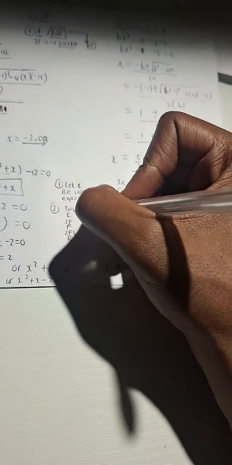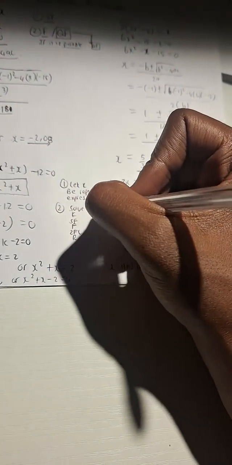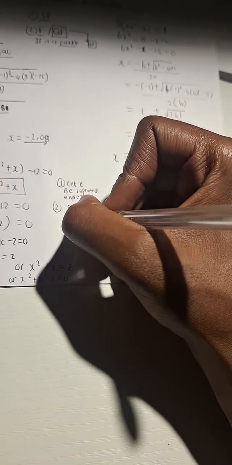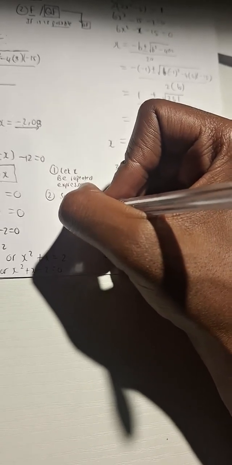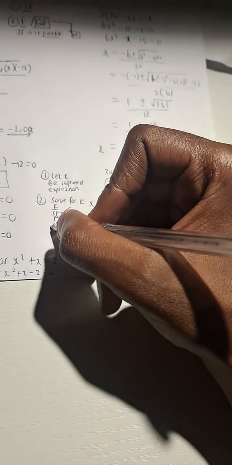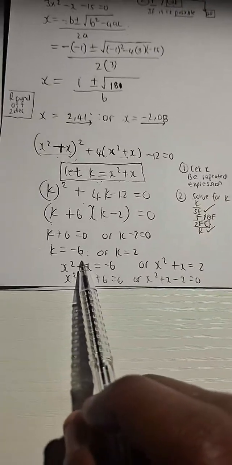We solve for k by getting the standard form and using factors, or sometimes in some situations we might need the quadratic formula. If we are factorizing, then the zero factor law follows, and then the roots for k. Step number 3, we substitute back.